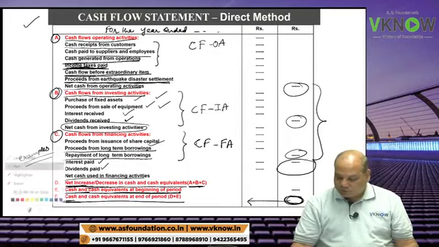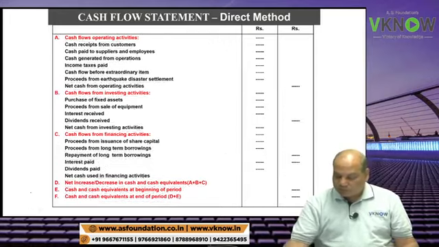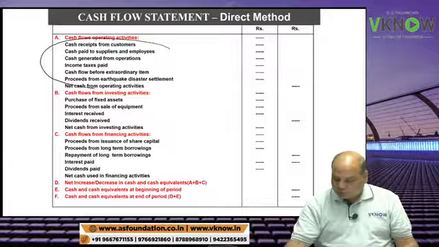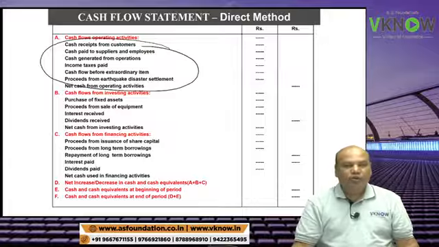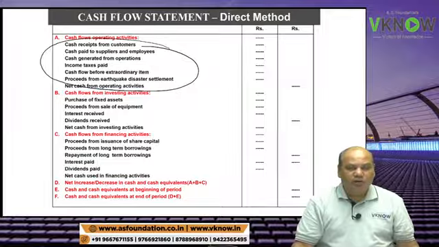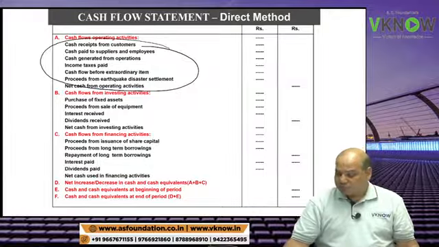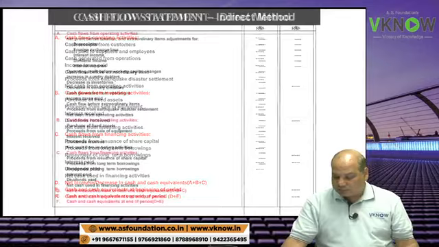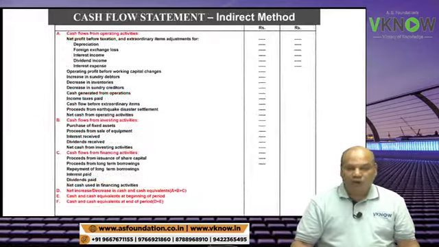This format is called the direct method because the cash flow from operating activities is directly calculated from debtor, creditor and expense accounts. No adjustment is done. Then you have the cash flow statement in the indirect method.